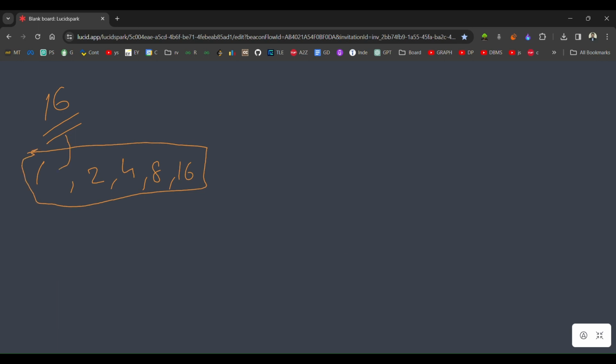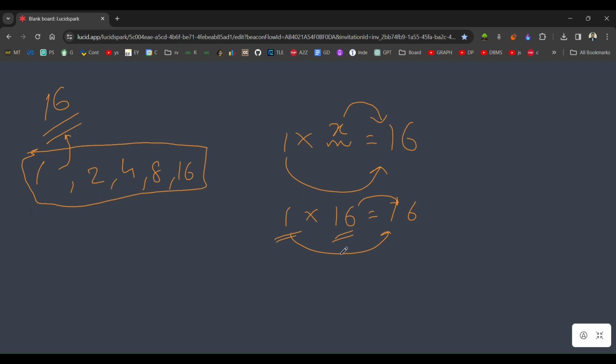See, if 1 is dividing 16, that means 1 into something is equal to 16. That means 1 is of course dividing 16. But this other number, let's say x, is also dividing 16. So in this case, 1 into 16 will be 16. So 1 is dividing 16, 16 is also dividing 16. So we got two numbers.